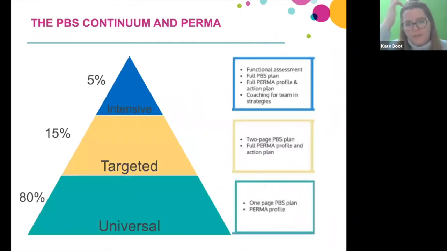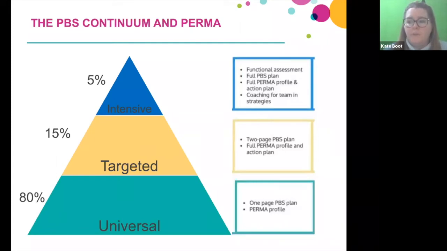So just to give it a little bit of context in terms of our setting, we're embedding the PERMA model through PERMA profiles as part of our PBS practices, and we're establishing systems to develop, monitor and review these for each student. We have, I think off the top of my head, about 74 on roll across the two campuses. For example, we'll do that through team around me meetings, EHCP reviews, key worker meetings, and tutor and student meetings.